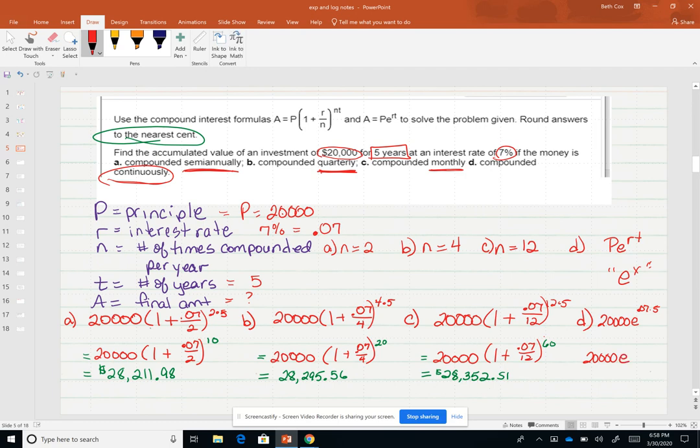And it would be e to the 0.35, I think. And what you should get is $28,381.35 for part D. All right, this is tough, but it's just plugging numbers into a calculator, which you should and must be able to do.